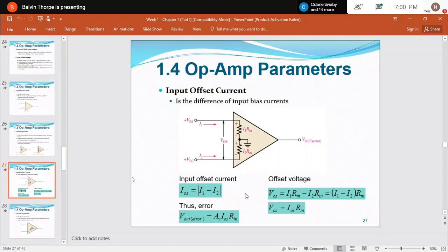There's nothing that puts a part of the output voltage back to the input, so it's called open loop. The gain is very high because it's an open loop gain, and the only time we operate an operational amplifier like that is when we are operating it as a comparator.